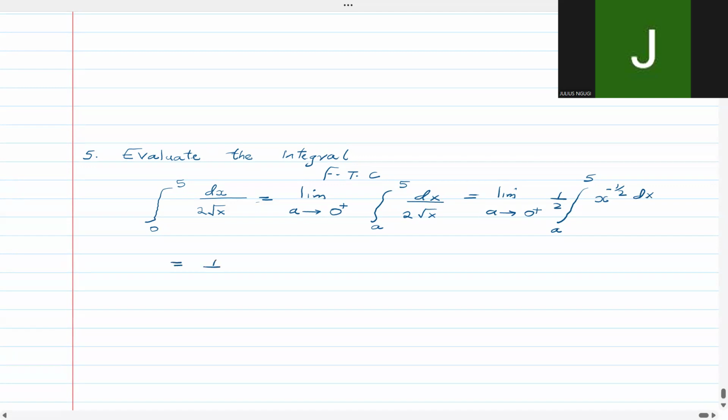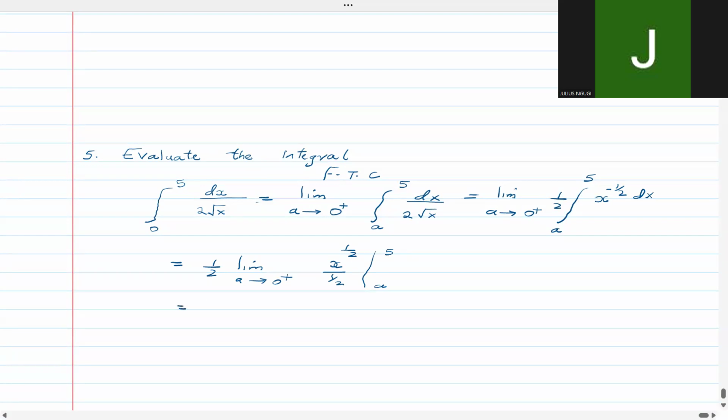So this is the same as a half times the limit as A approaches 0 from the positive side. The integral, you add 1 to the power, so you get a half. Then you divide by the new power, a half. Then the limits of integration is from A to 5. So again, a half can be factored out, but because I'm dividing, it's like I'm multiplying by 2.